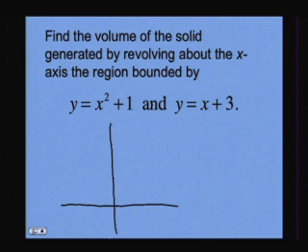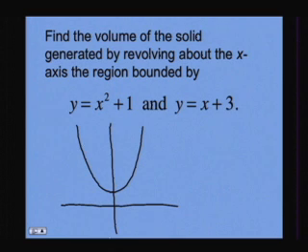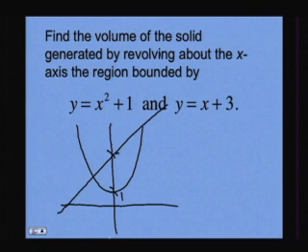We have y equals x squared plus 1, which is a parabola opening up, passing through a y-intercept of 1. Then we have y equals x plus 3, which would be the line with a slope of 1 and a y-intercept of 3.